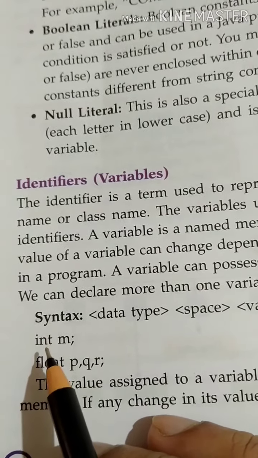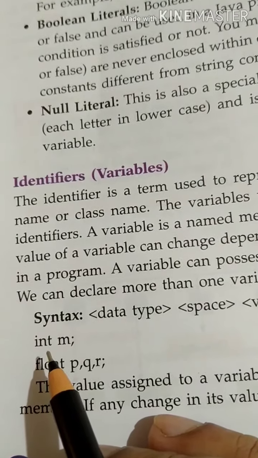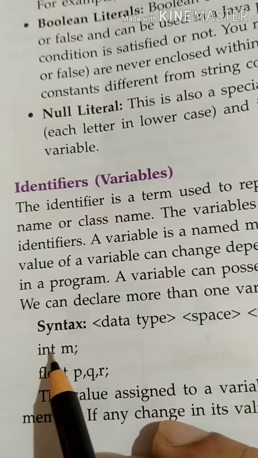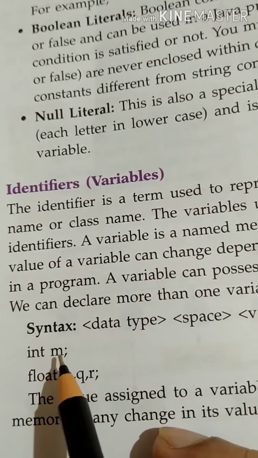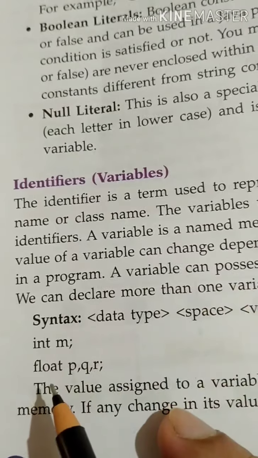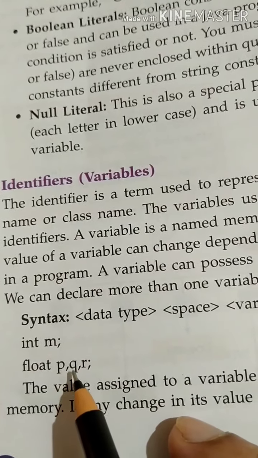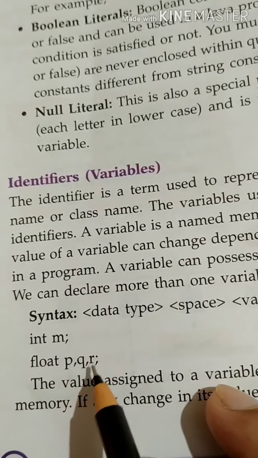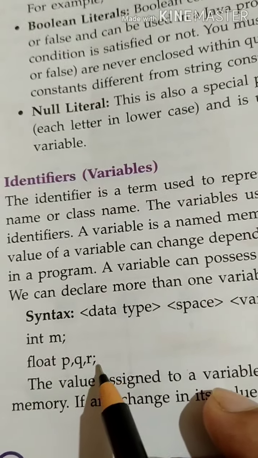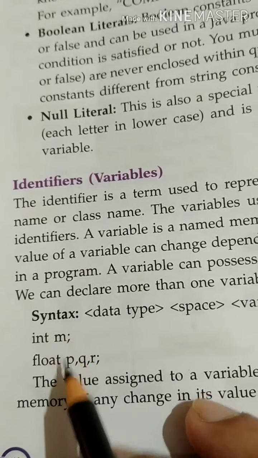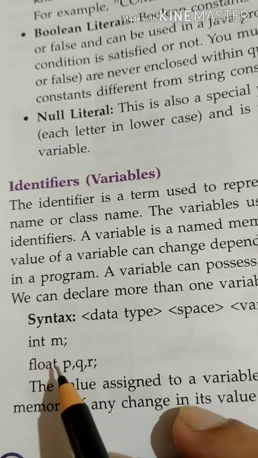In the program you do not write integer; the abbreviation of integer is int, and space m is a variable. And then float p, comma, q, comma, r. So three variables we have taken in float, and one single variable we have taken in int. So two different types of data types we have taken here.